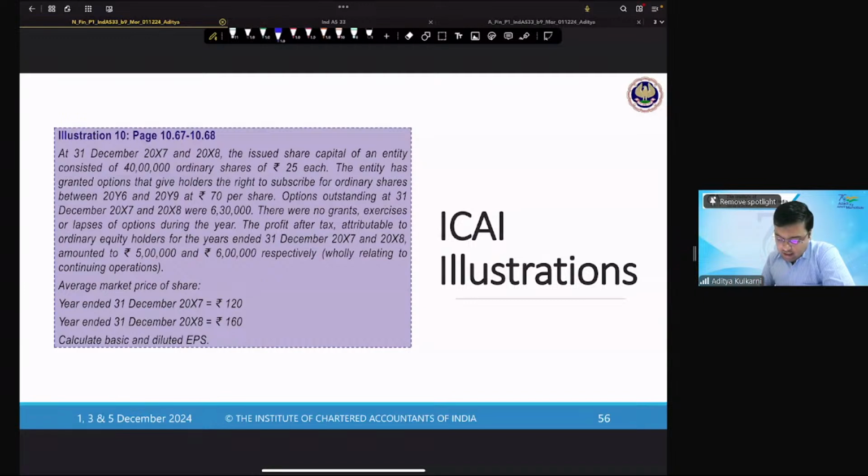There were no grants, exercises, or lapses of options during the year. Profit after tax attributable is 5 lakh and 6 lakh respectively, wholly relating to continuing operations. Average market price of the share for the year ending 20x7 is 120. 20x8 it is 160. Calculate the basic and diluted EPS.